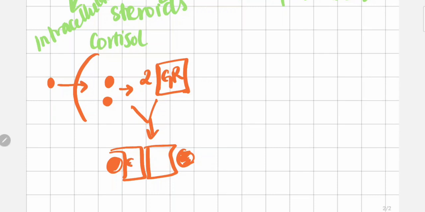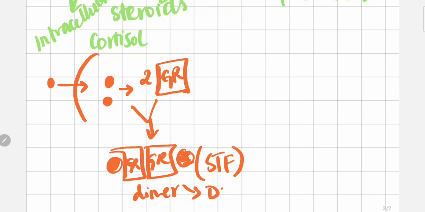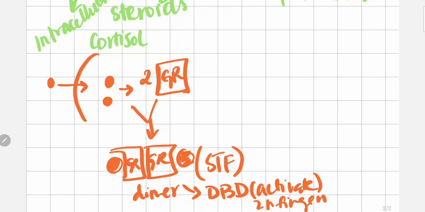This is the intracellular receptor binding with the cortisol. Now this dimer is actually a special transcription factor. When this dimer is formed, its DNA binding domain will activate because it has the zinc fingers. It is now activated.